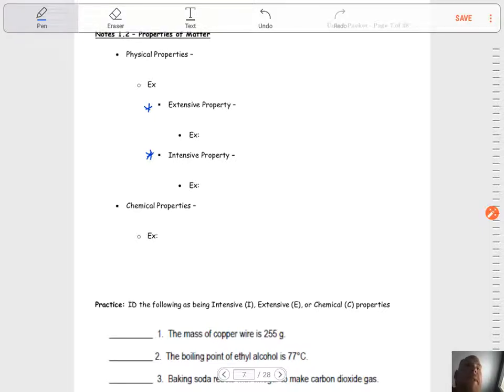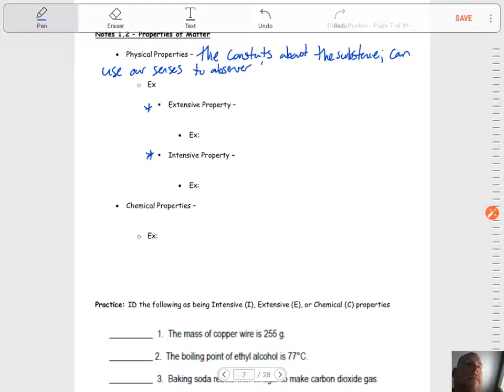Physical properties are the constants about the substance. The way you distinguish them is that we can use our senses to observe them.